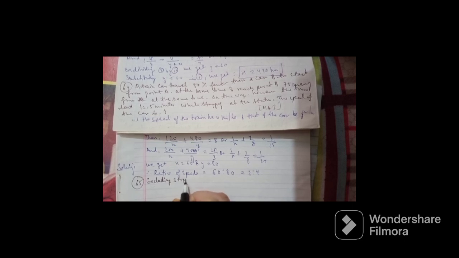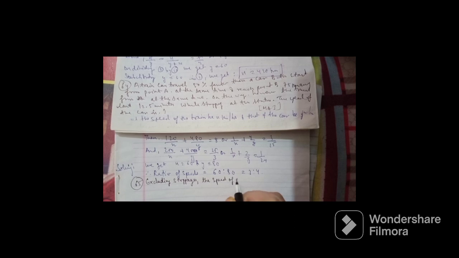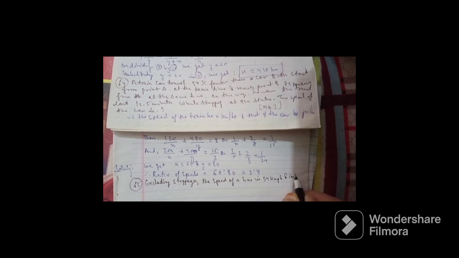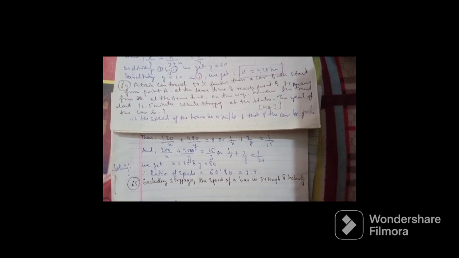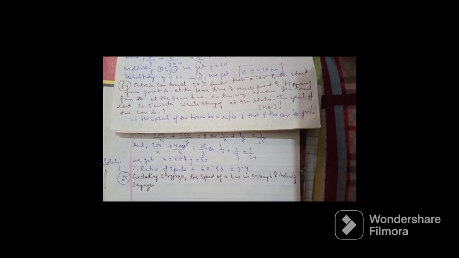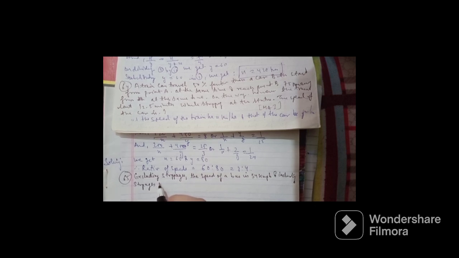Excluding stoppages, the speed of a bus is 54 km per hour, and including stoppages, it is 45 km per hour.